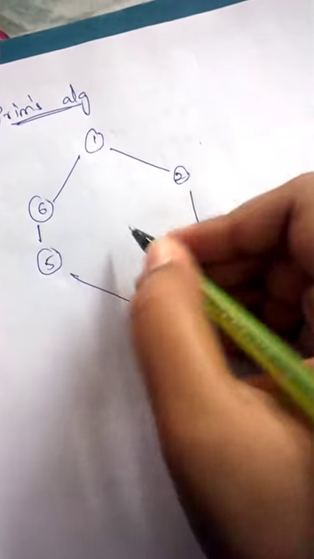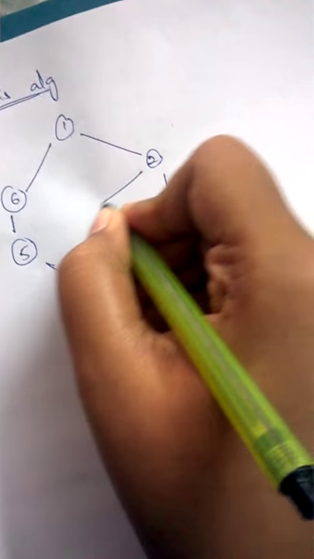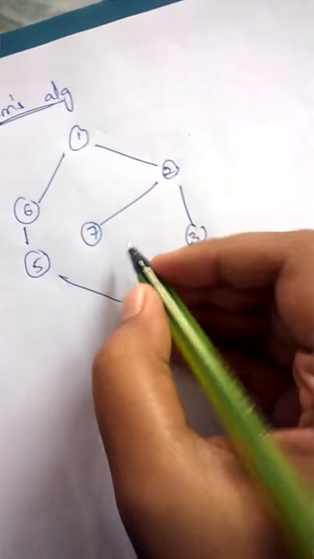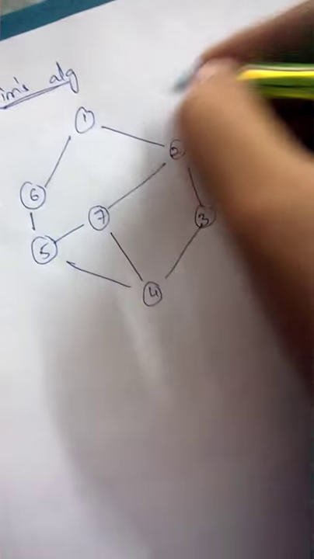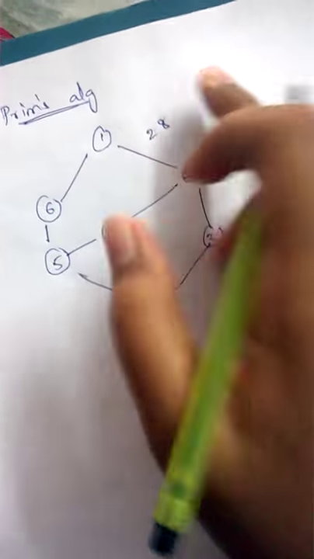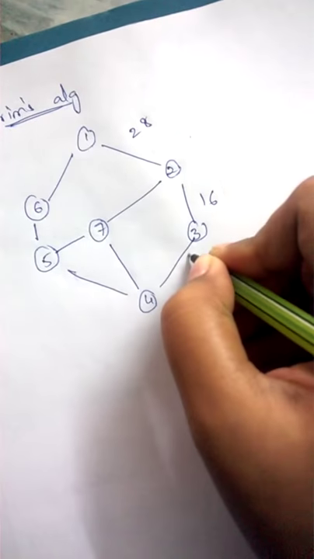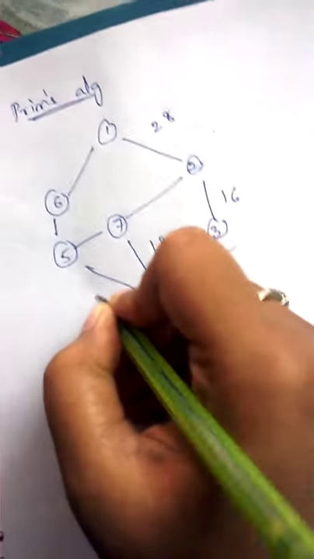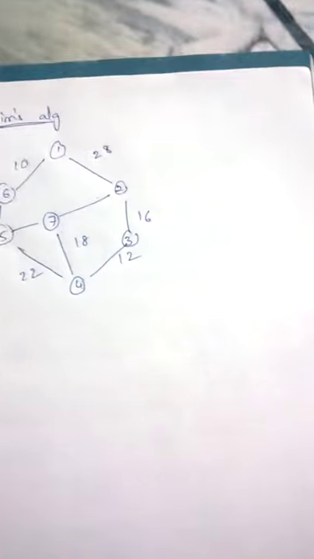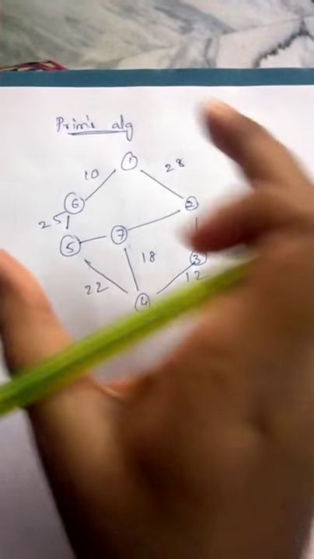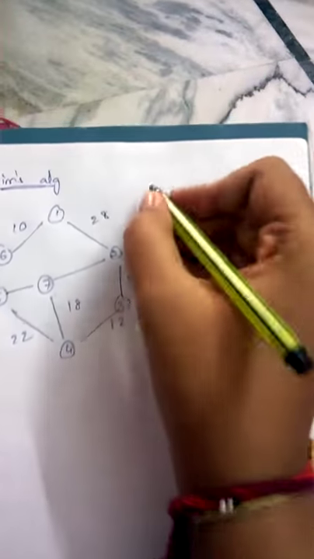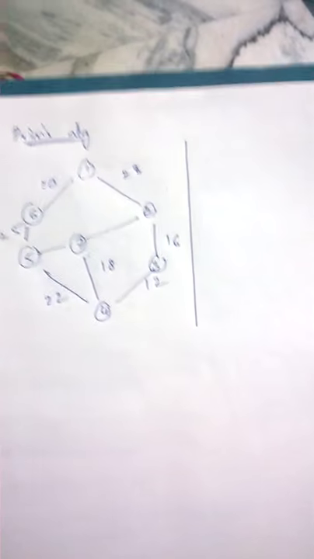In the question you can have cycles. Now the lengths are 28, 16, let it be 25, and let it be 10. Let it be 14 and let it be 24 length. Now let's consider Prim's algorithm and how to solve it.